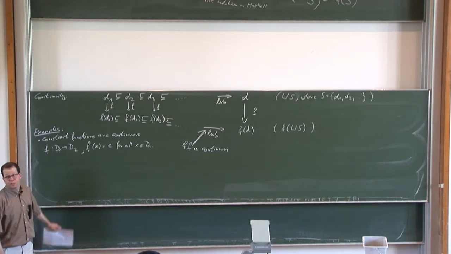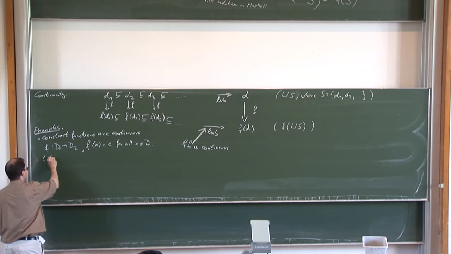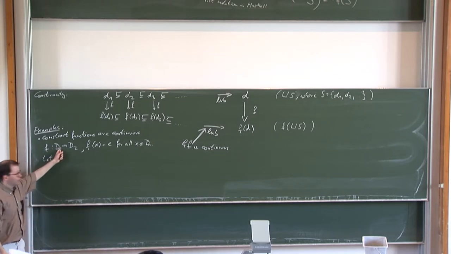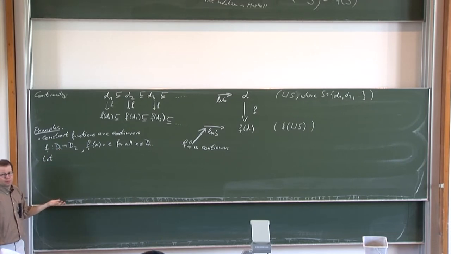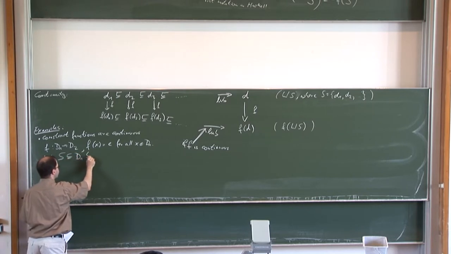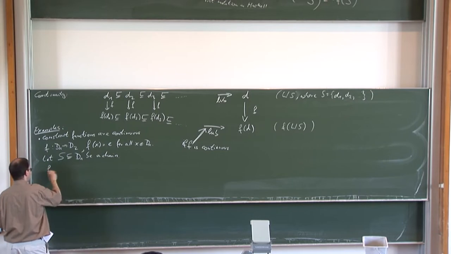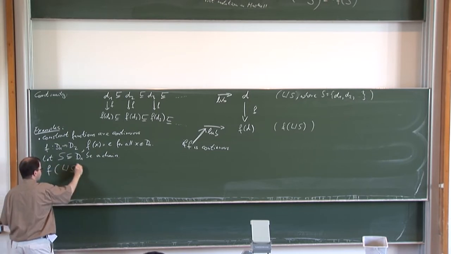Now, why is this continuous? Let's try to prove it. Continuous means we take an arbitrary chain of elements from D1, and then it should not matter whether you first build the least upper bound of this chain and then apply f, or you first apply f and then you take the least upper bound. So let S be a chain. Now, what is f of the least upper bound of this chain?